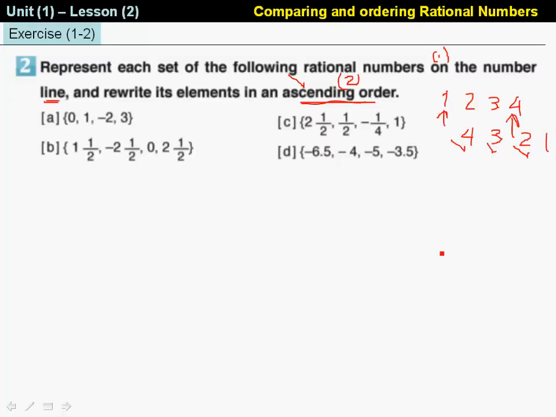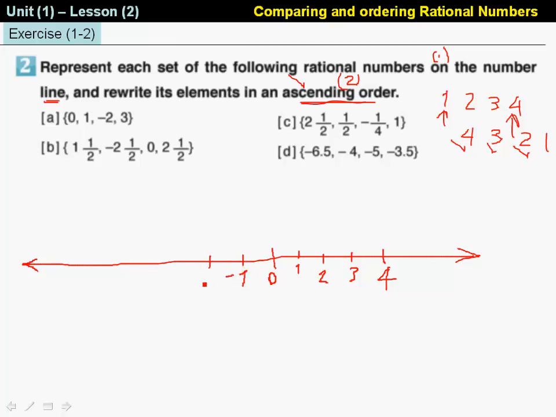Number A, first we have to draw the number line. And this is 0. We start from 0. Here, 1, 2 steps, 3, 4, and so on. In this direction, we will have minus 1, minus 2, minus 3, minus 4, and so on. 0 is here.